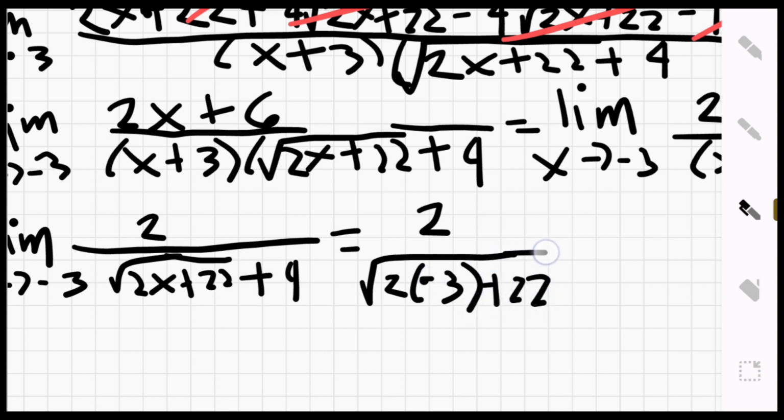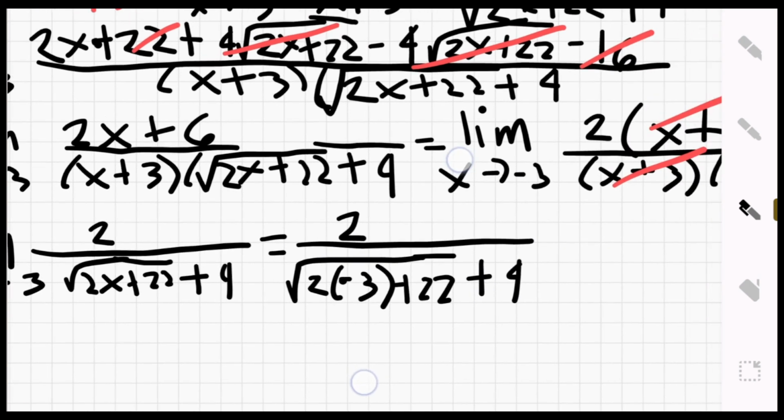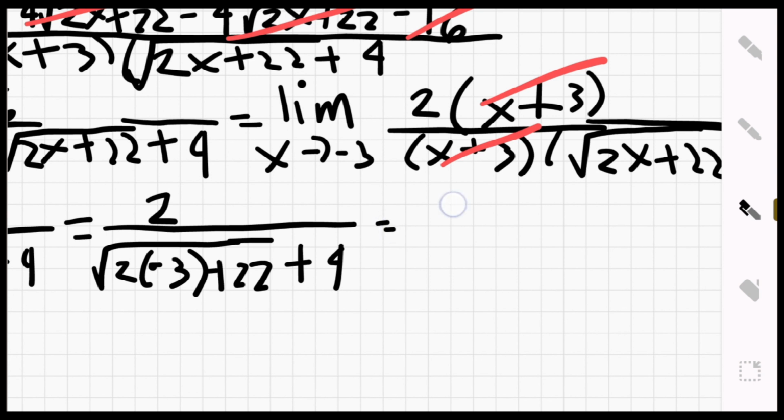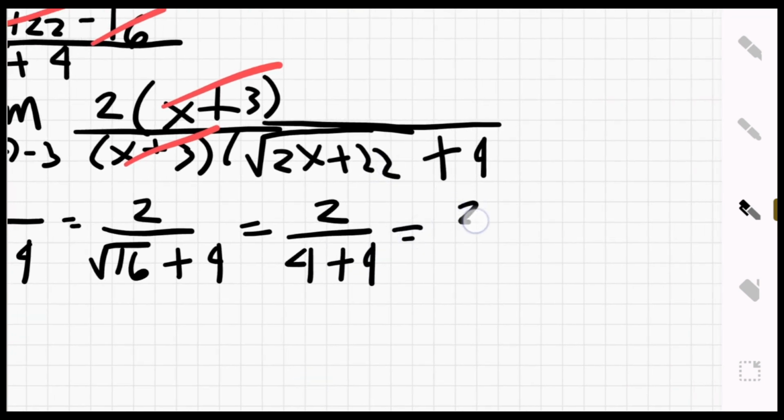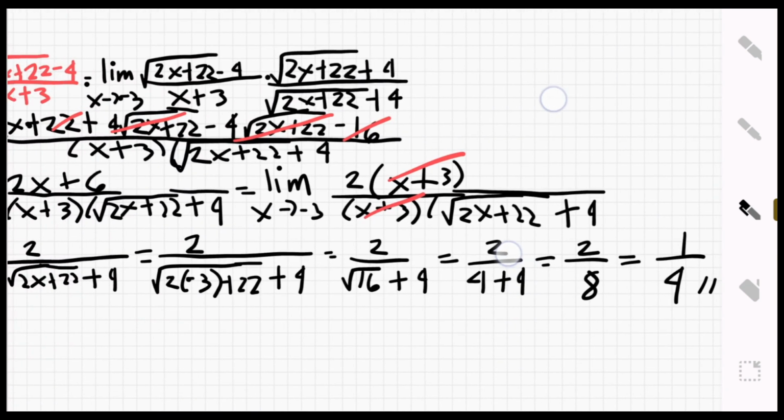So 2 over square root of 2 times negative 3 plus 22 plus 4. So 2 times negative 3 is negative 6. Negative 6 plus 22 is positive 16, plus 4. The square root of 16 is 4. So we have 2 over 4 plus 4. So the final answer would be 1 over 4.